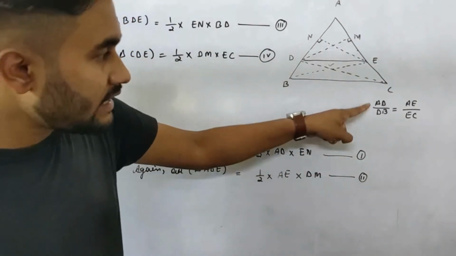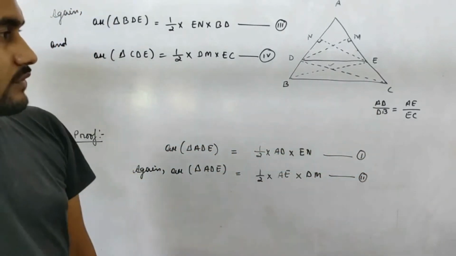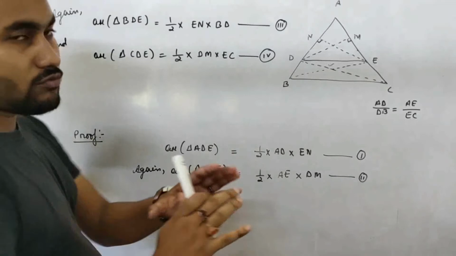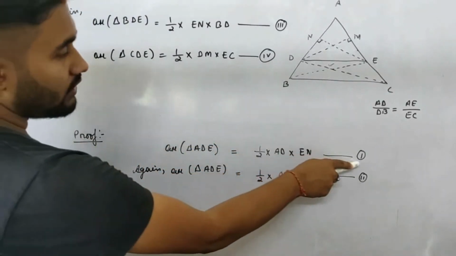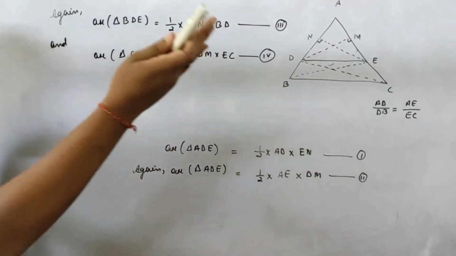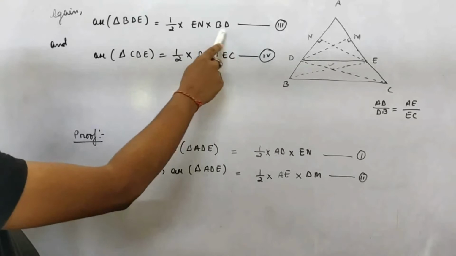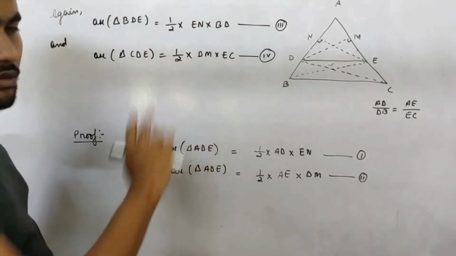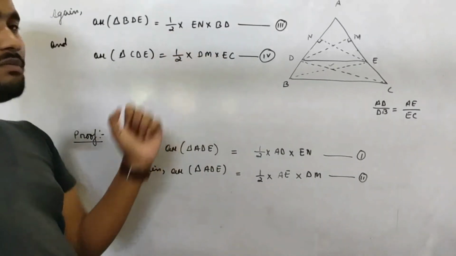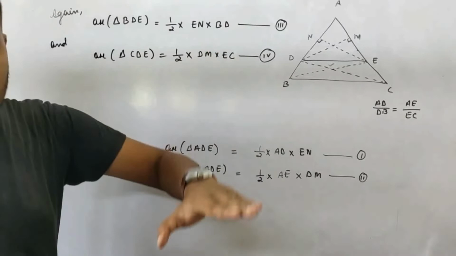What do I need? AD by DB, numerator AD, denominator DB. So where is AD? You find it first. No need to memorize this part. This is AD in equation 1, so equation 1 will be at the top. Where is DB? This is DB. I have written it as BD. If you want, you can write DB also, or keep it as BD only. DB, BD, same thing. So equation 3 will be at the denominator.